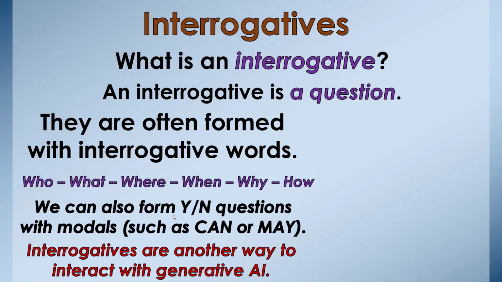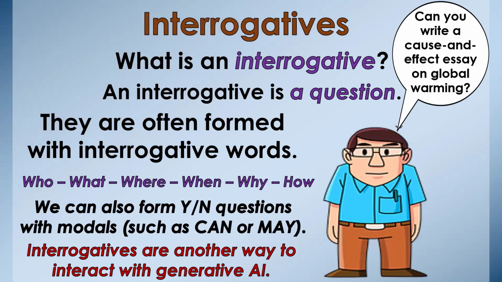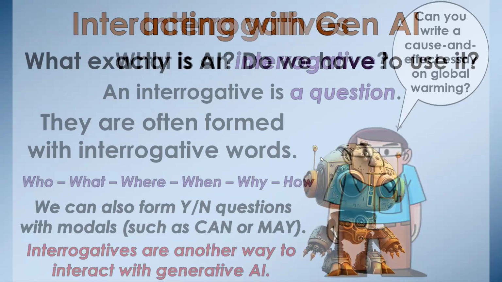And interrogatives are another great way that we can interact with ChatGPT or other forms of generative AI. For example, you might say, can you write a cause and effect essay on global warming? Now, these are just very simple prompts. We're going to get more into prompt engineering in just a moment.